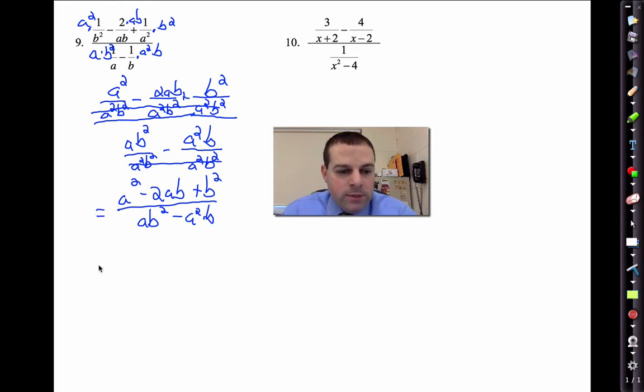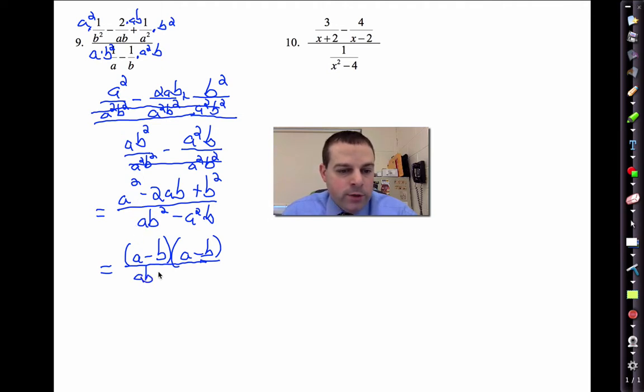Now remember, when it comes to our simple rational expression, in terms of simplifying, we need to cancel out common factors. The fact that there's a lot of a's and b's here becomes very tempting to start crossing things out. Now in terms of our trinomial, normal factoring, factors of 1 that add up to negative 2 are negative 1 and negative 1. But instead of a minus 1, we have that second variable b tossed in there. So our factors become a minus b and a minus b. Our denominator is a GCF approach.